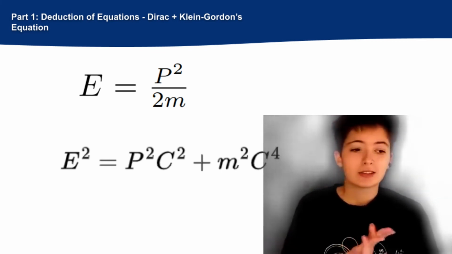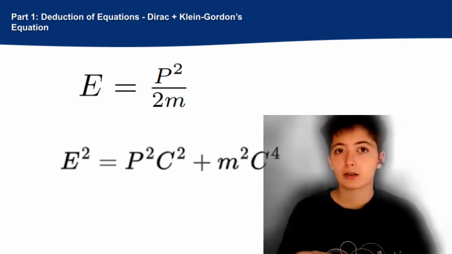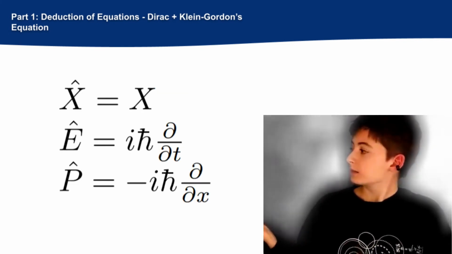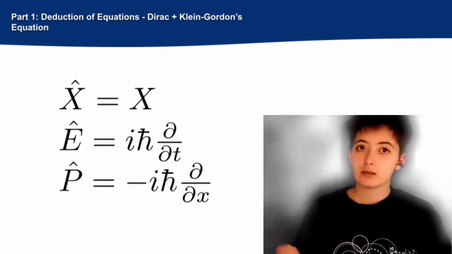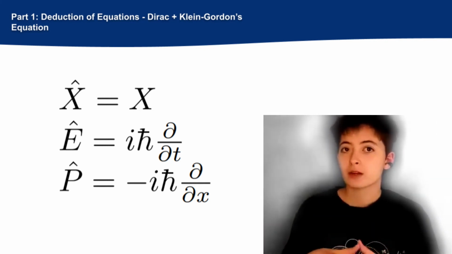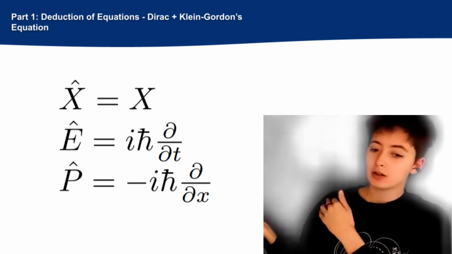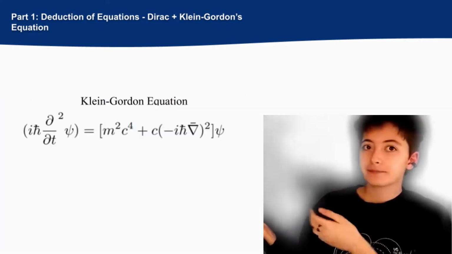We also need the operator equivalents of the Schrödinger theory, which are these. And with all of these terms, if we rearrange them, we obtain the Klein-Gordon equation, which is this.